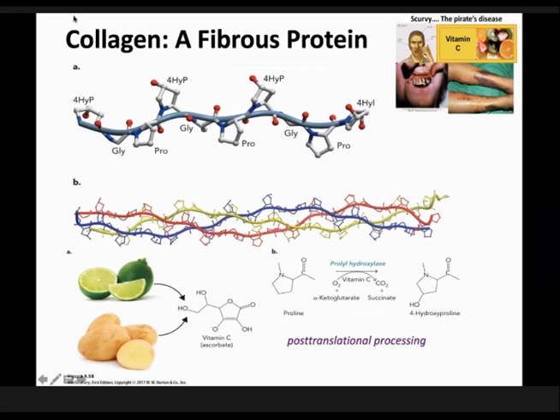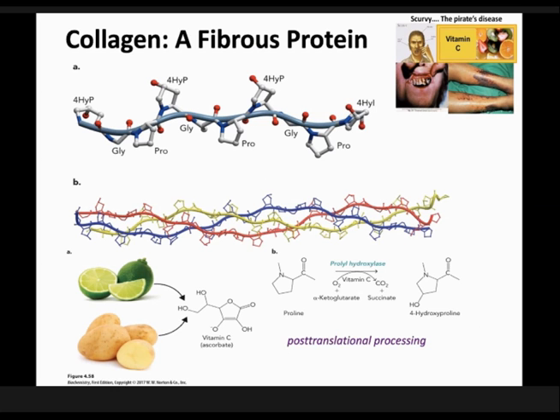An important thing about proline, again, we have proline and glycine again. Proline can actually be modified, and this is very important for collagen. Collagen is a very abundant protein.